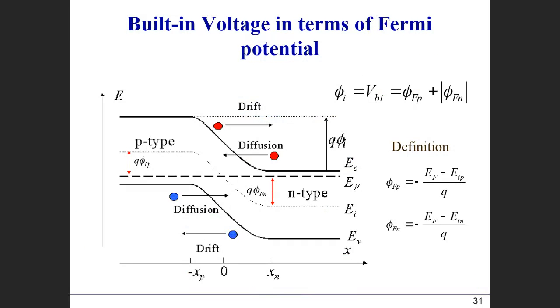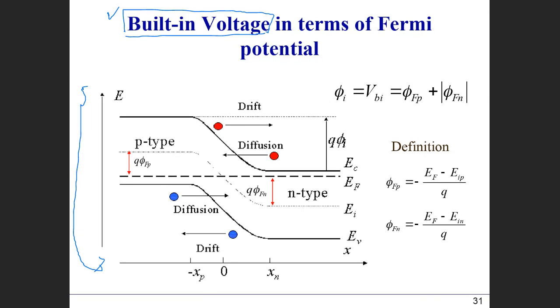The other thing we often see in the PN junction diode is what we call the built-in potential, or built-in voltage. This graph shows the energy band diagram of the PN junction diode, especially at thermal equilibrium.